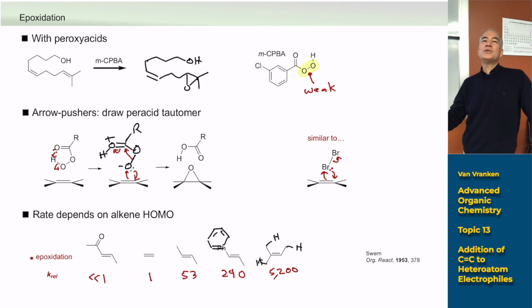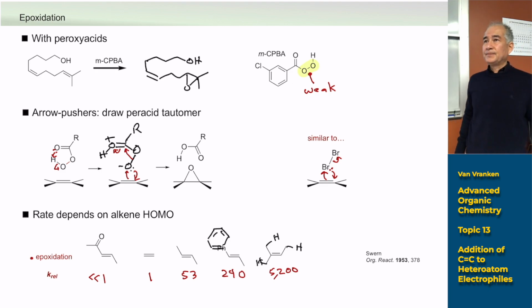The case holds here. Tri-substituted olefins are more reactive than di-substituted olefins. So the rate acceleration is not exactly the same as the HCl addition, but that's a pretty bankable observation. Tri-substituted is better than di-substituted, and that's going to be better than mono-substituted olefins.